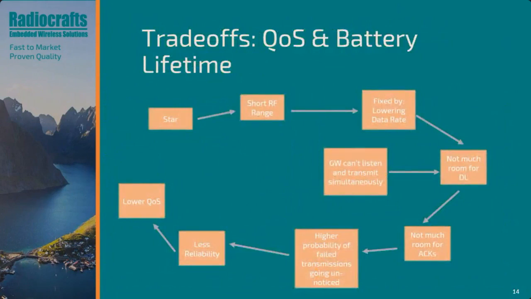As we were discussing, sometimes RF technologies have to make some trade-offs or sacrifices to favor one metric over the other. One of the most famous trade-offs is between quality of service and battery lifetime. As we see in this vicious cycle, let's say we have a star network which has an overall short RF range.